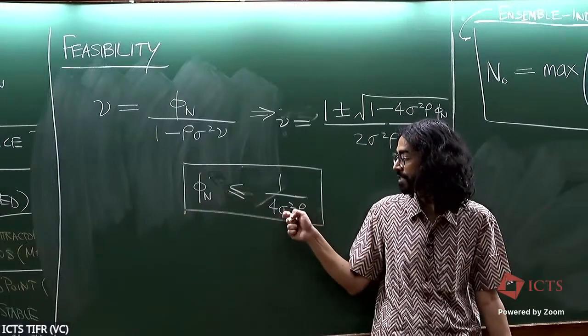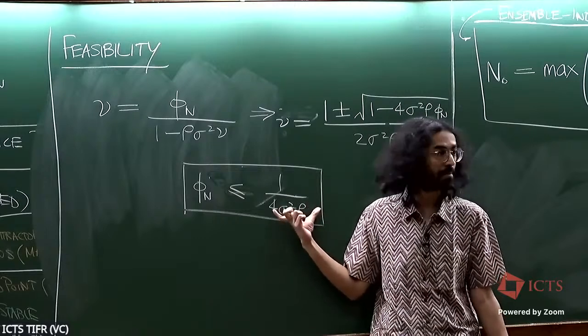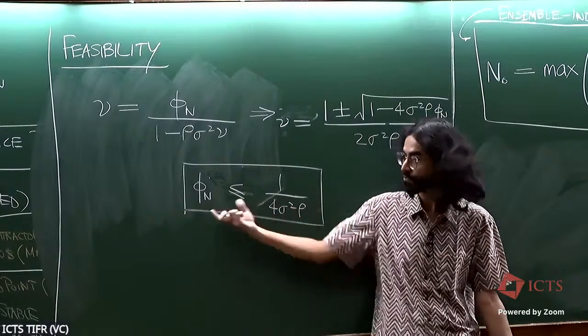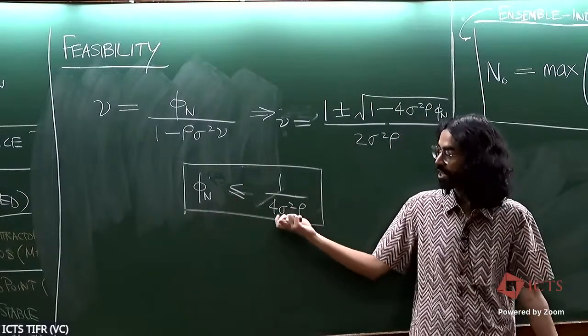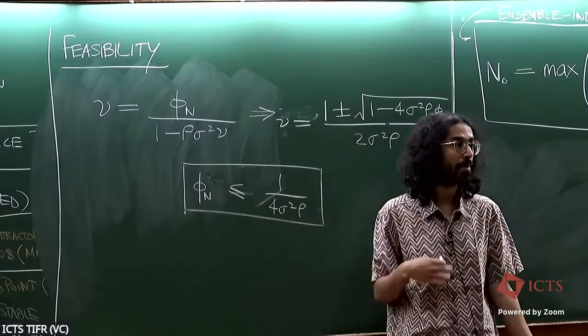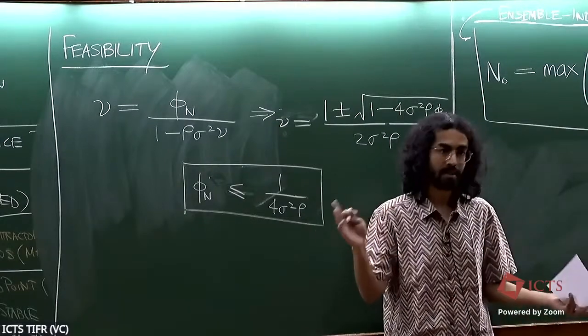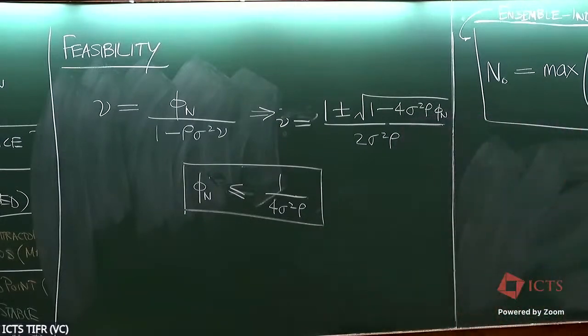Of course, when sigma is very small, this bound can be greater than 1. But this phi n can never be greater than 1. So depending on what the value of sigma and rho is, there may or may not be the ability for you to fully pack the system. By fully pack the system, I mean you put in a species and all has survived.